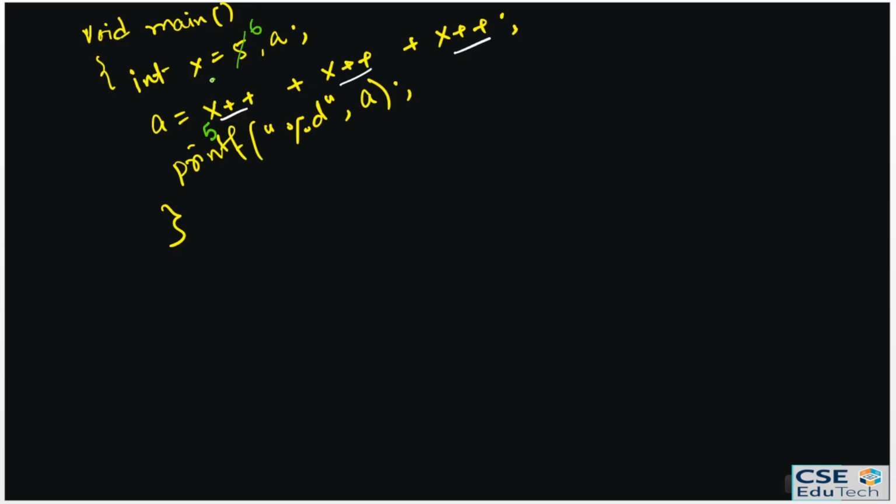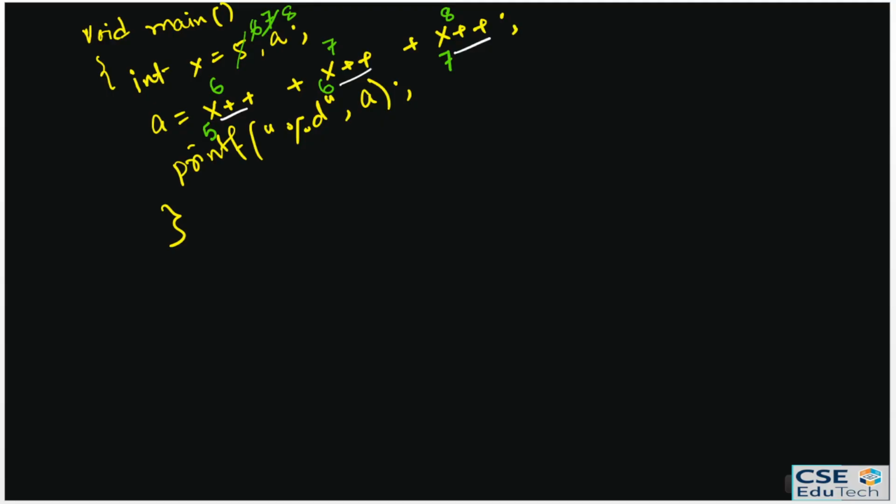Now when it goes to the next expression, first it uses the present value of x, which is 6, and then it increments it to 7. When it goes to the last one, it uses the present value of x, 7, then it increments the value. Clear? So finally the value of x is 8.